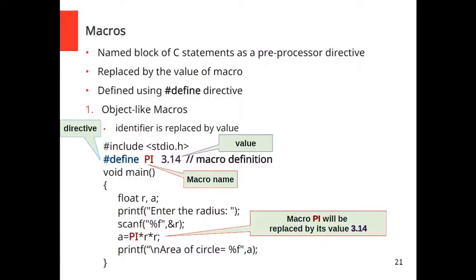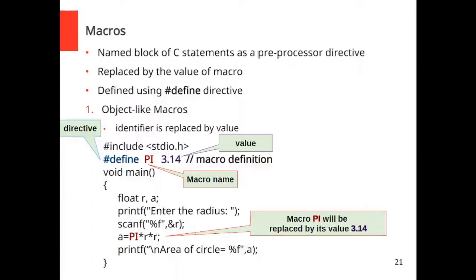There are two types of macros. One is object-like macros. The second one is function-like macros. So we'll see an example for object-like macros. In this example, we have defined a macro called pi with a value 3.14.